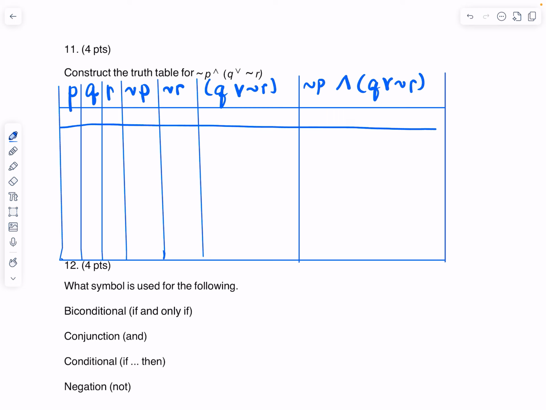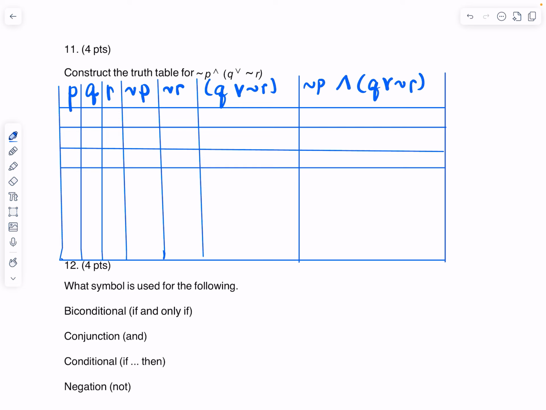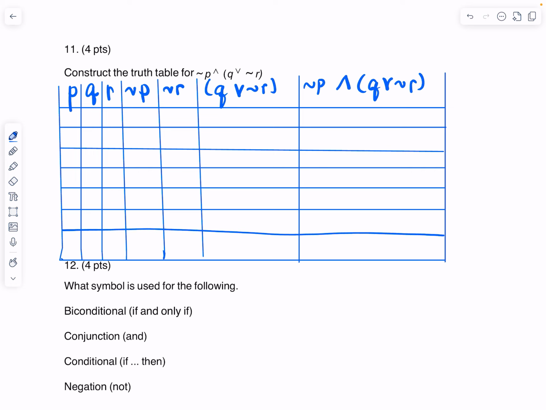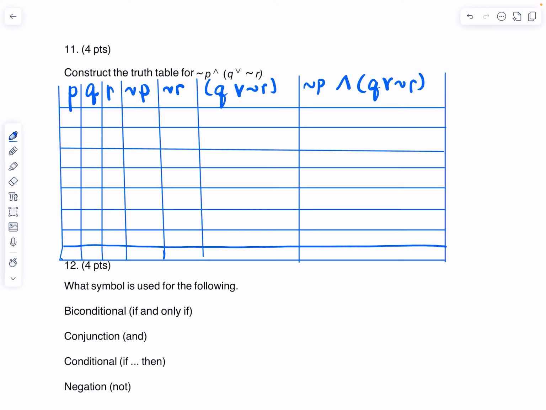Row 1, row 2, row 3, row 4, row 5, row 6, row 7, and 8. I got kind of smushed down at the bottom, but we'll have to do 1, 2, 3, 4, 5, 6, 7, and 8.